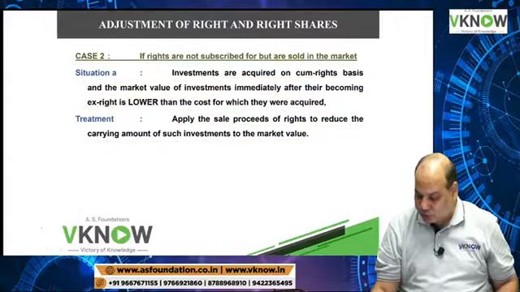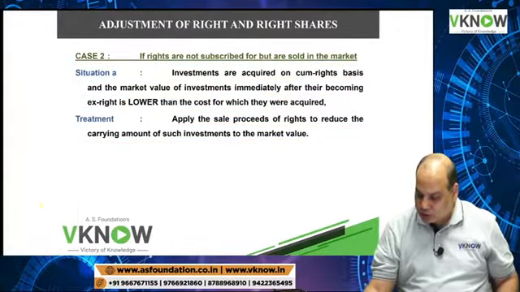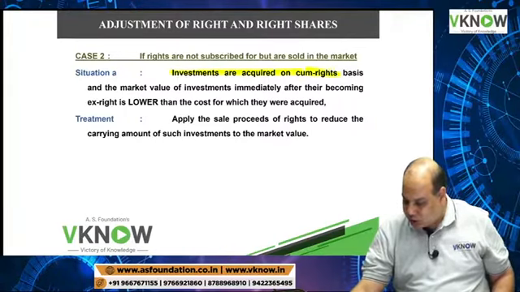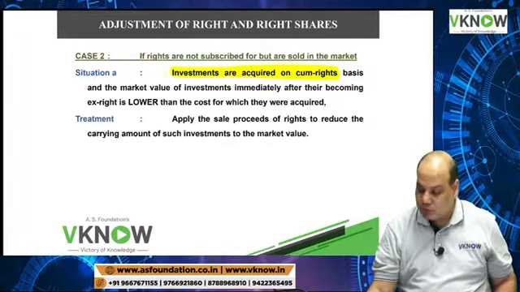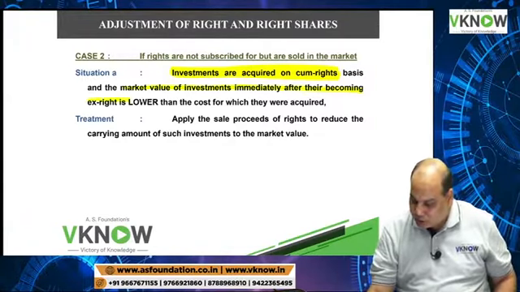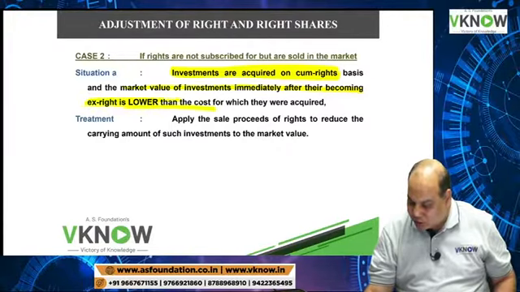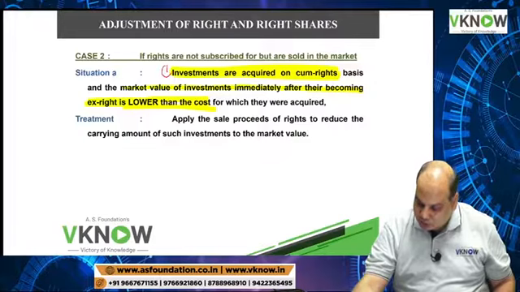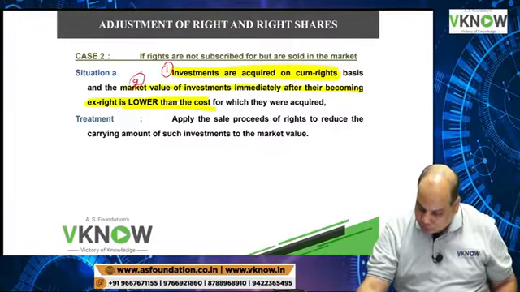Condition number 1 and 2 you have to highlight. Condition number 1 is investments are acquired on cum-right basis. Condition number 2 is market value of investment after their becoming ex-right is lower than the cost. So I will call it condition 1, condition 2.